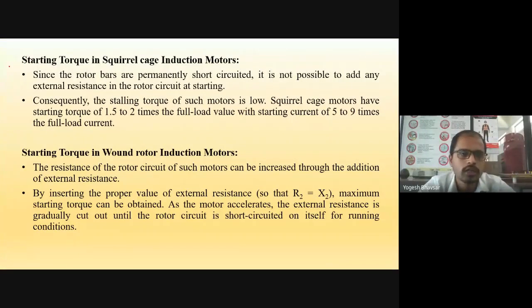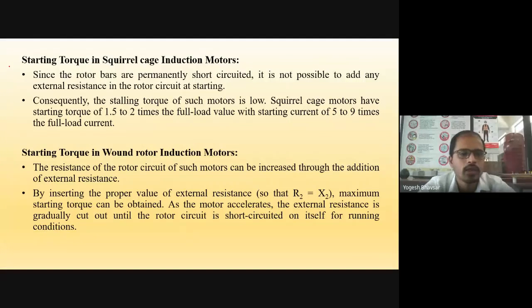The rotor construction of the squirrel cage motor is very rugged because of the thick conductor bars permanently short circuited with end rings. But one disadvantage is that we cannot add external resistance to manipulate the resistance and reactance in the rotor circuit. So this method of starting torque improvement cannot be done in a squirrel cage induction motor.